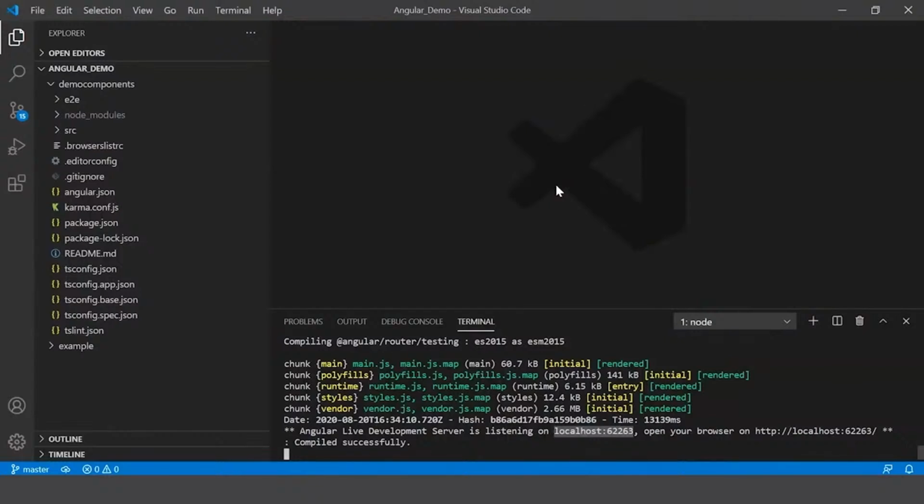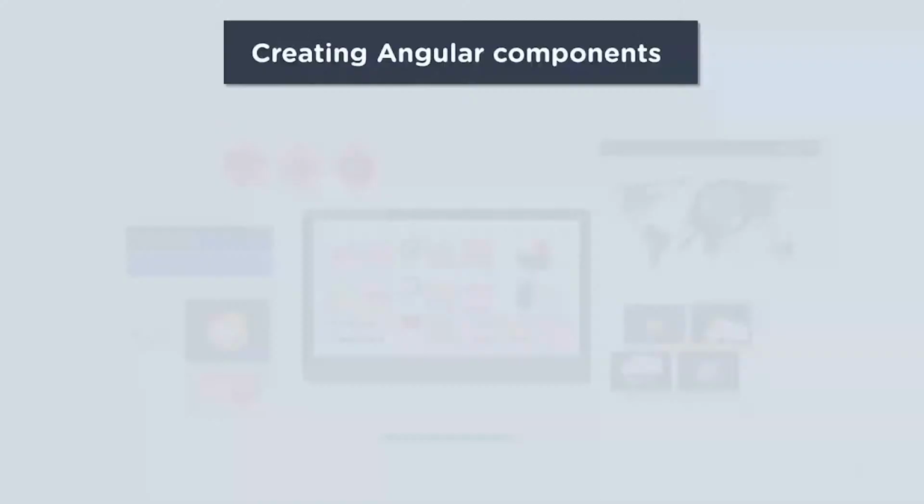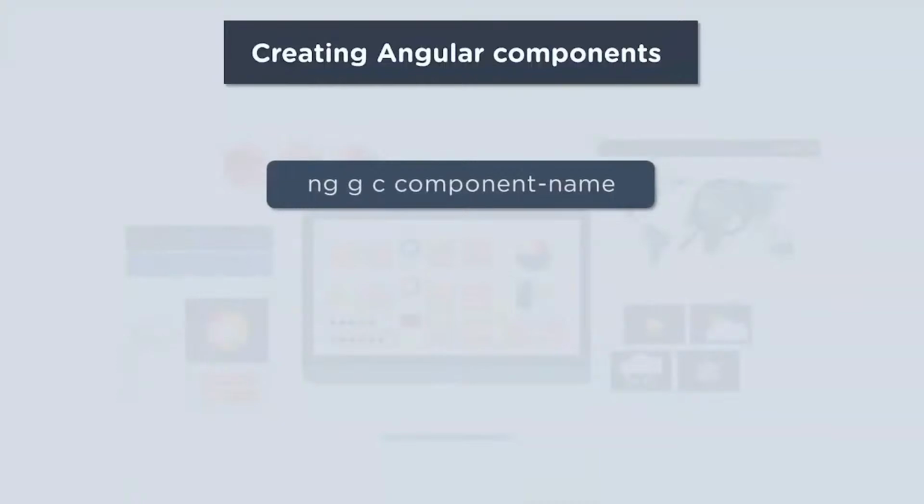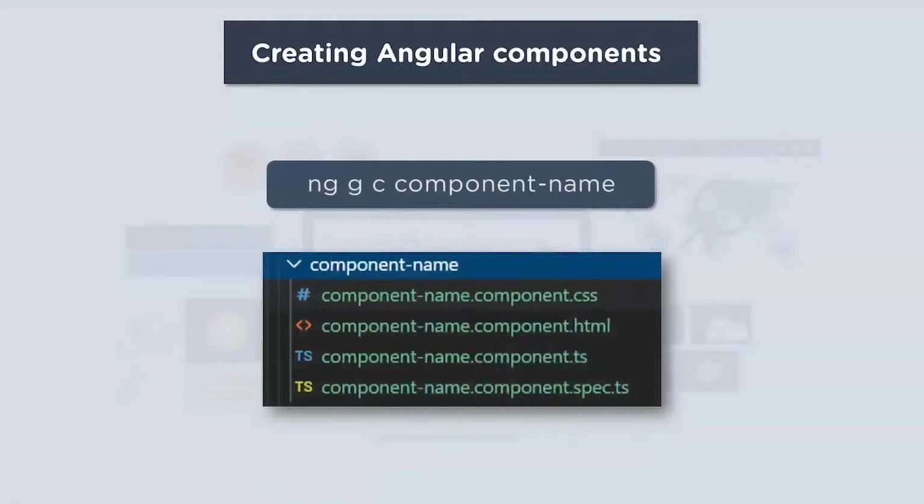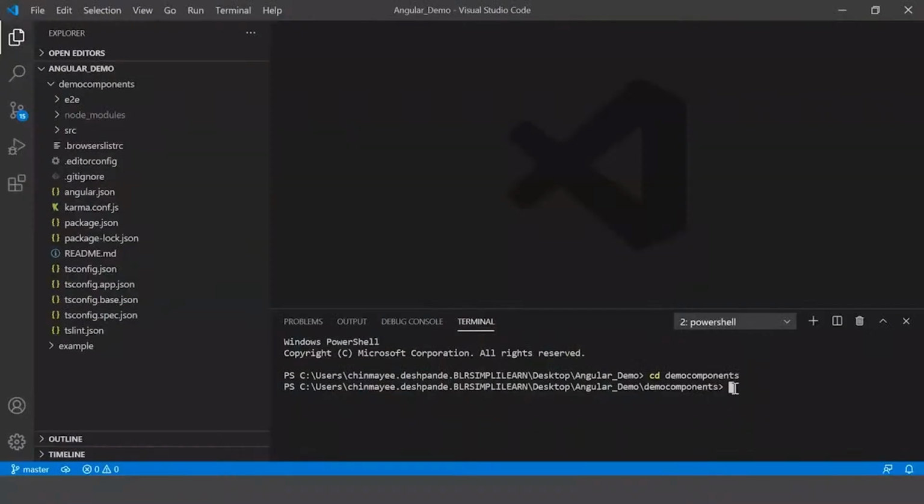So now let's go ahead and create our first component. Now the command used to create our component is ng g c and your component name. Once executed, it creates 4 different files. Now let's just see how this works on our VS Code. Now what you can do is head to your terminal and type in the command ng g c and provide a name for your component.